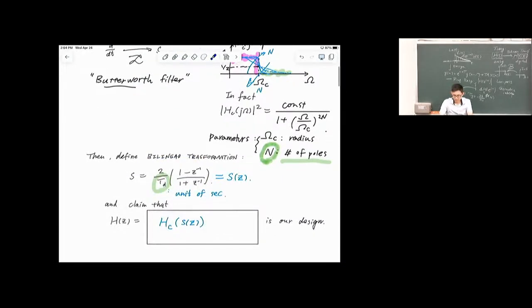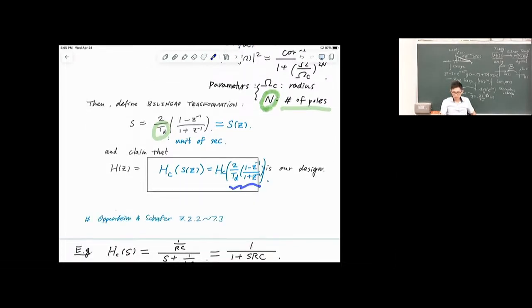So seriously, we are doing this. We are going to evaluate Hc at 2 divided by Td, the parameter, times 1 minus z inverse divided by 1 plus z inverse. Make this substitution, and then the result becomes a function of z. It's pretty simple. Whenever you see s, replace it by s of z.